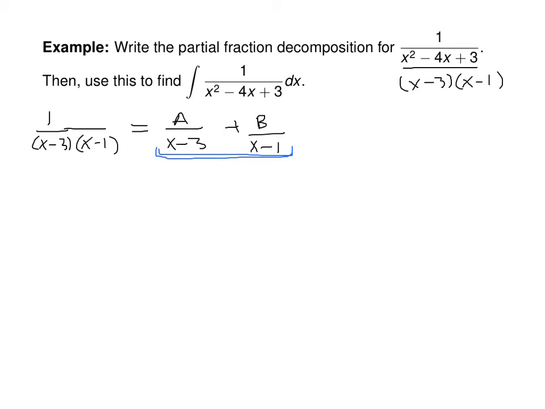Now what we do is multiply both sides of this equation by the denominator of the left-hand side, by x minus 3 times x minus 1. And when you do that, on the left we just get 1. When you multiply a over x minus 3 by x minus 3 times x minus 1, you just get the x minus 1.